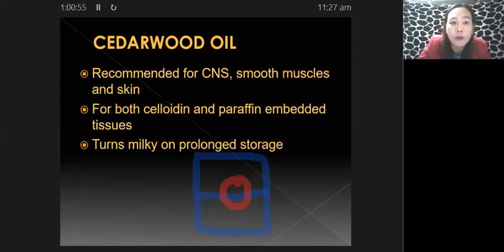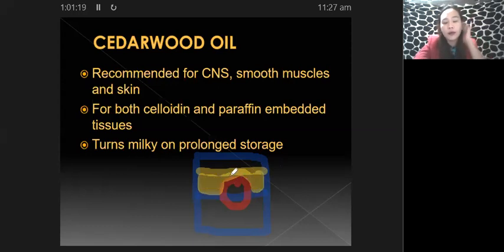So in order to prevent the drying of the exposed portion of your tissue sample, you can overlay absolute alcohol on top of your cedarwood oil.